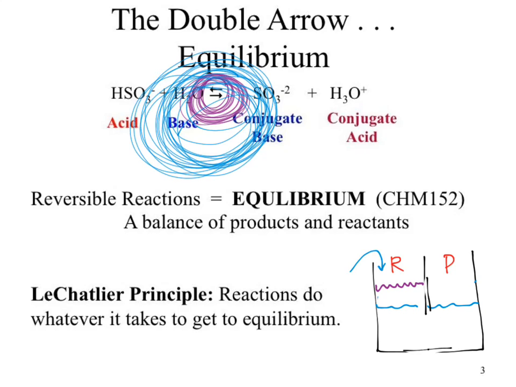What happens? That purple level is going to drop down, causing our product level to go up until what happens? We reach, good choice of words, a new equilibrium. So what we're trying to do is cause an imbalance between each of these and see how that affects the overall reaction. Kind of a neat process.